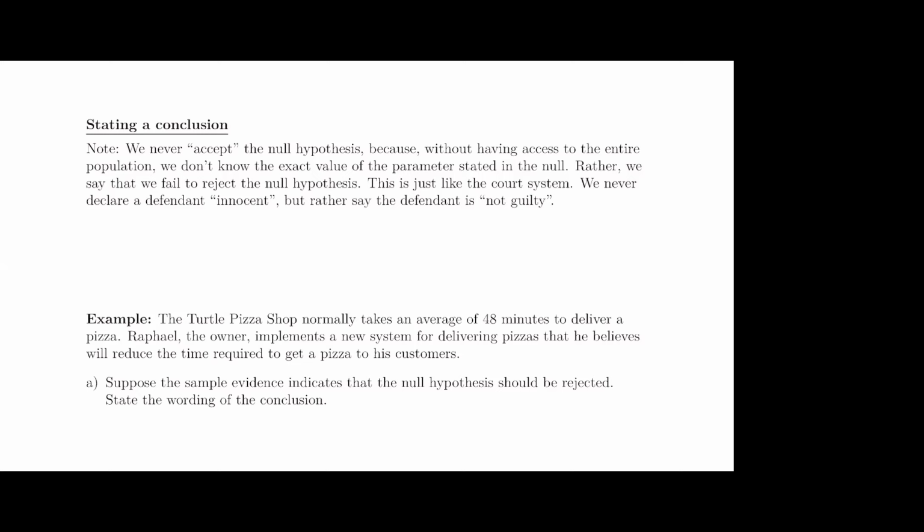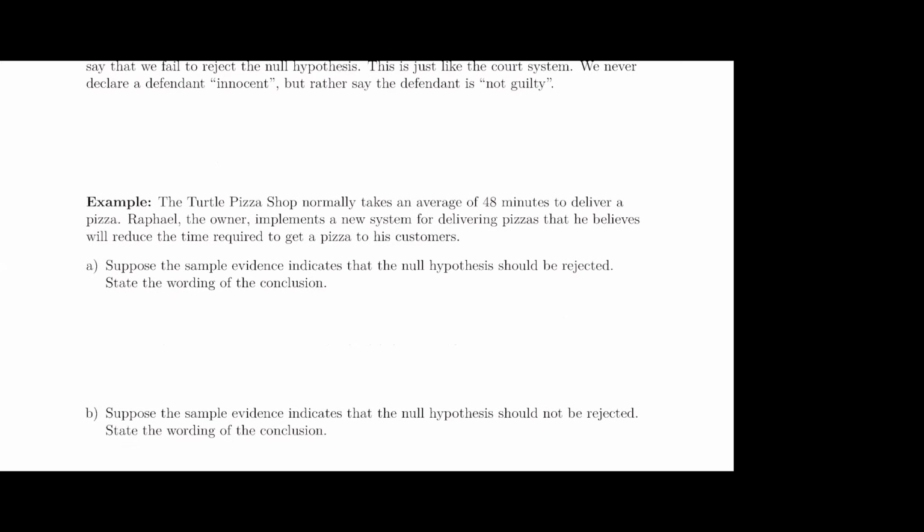So they never really say you're innocent. They say based off of the evidence we had against you right now, we couldn't prove that you were guilty. So for these conclusions, you never want to say the null hypothesis is true. You always want to say either we have enough evidence for the alternate hypothesis, or we don't have enough evidence. All right, so let's go ahead and do this one.